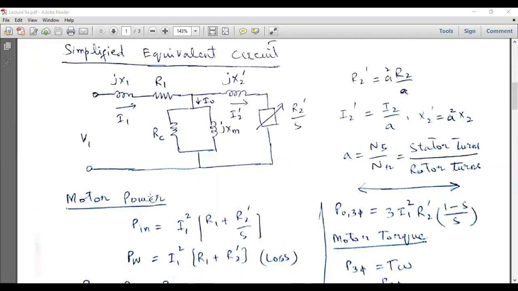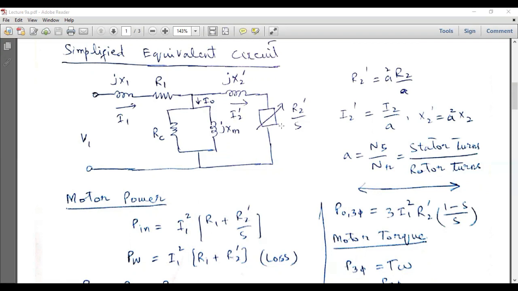So the input power will be equal to I1 squared, which is the total current, multiplied by all the resistances in the circuit, so R1 and R2 dash over S. Similarly, the power lost across this induction motor is the power dissipated across the stator winding and the rotor winding, so I1 squared (R1 plus R2 dash).